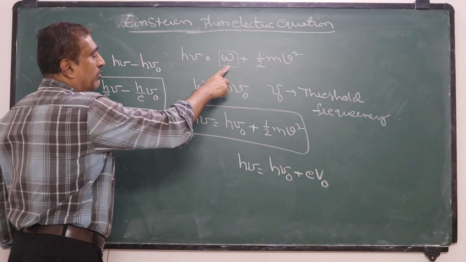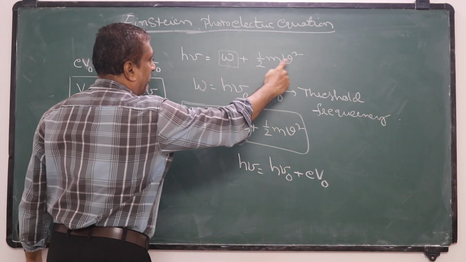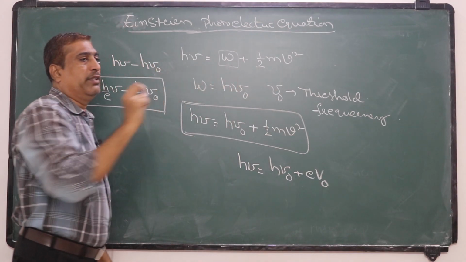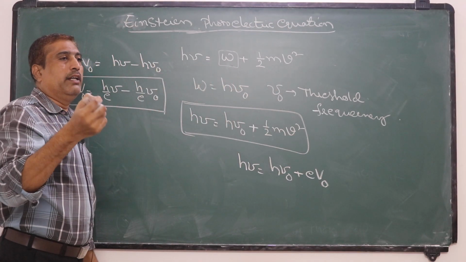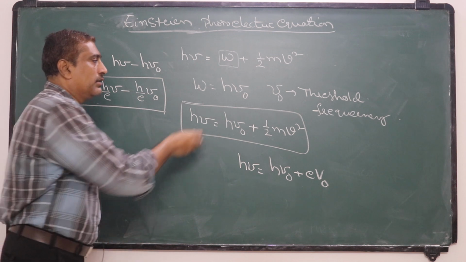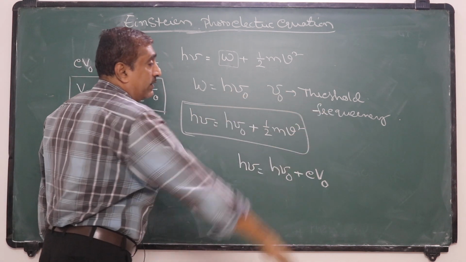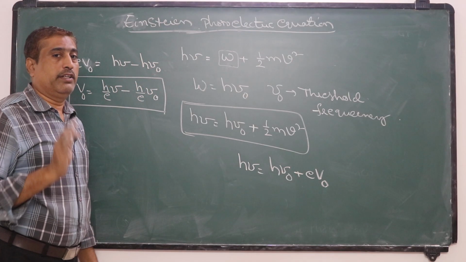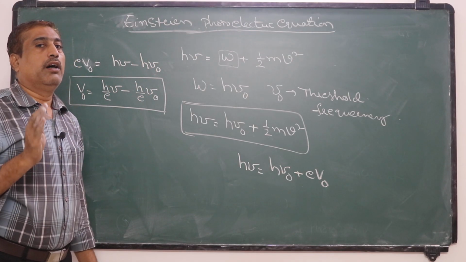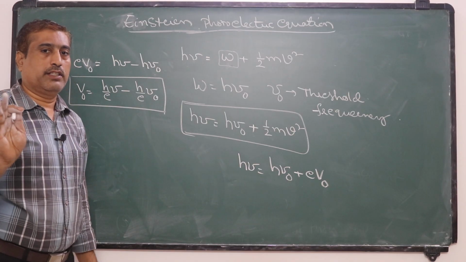So hν is equal to work function plus half mv square. Work function is the minimum amount of energy required to liberate an electron from the metal surface. That can be written as hν0, where ν0 is the threshold frequency. Threshold frequency is the minimum frequency below which no photoelectrons are emitted.